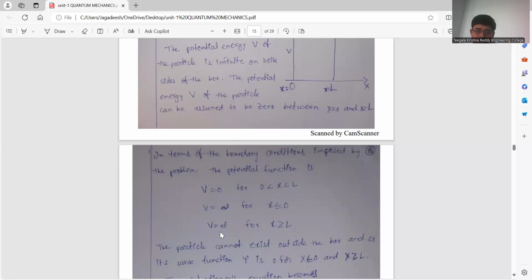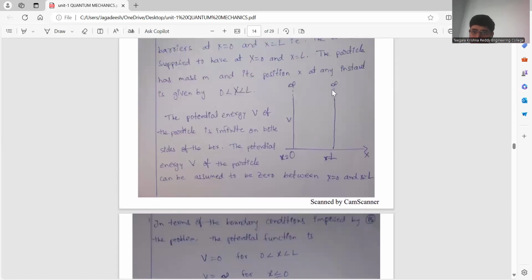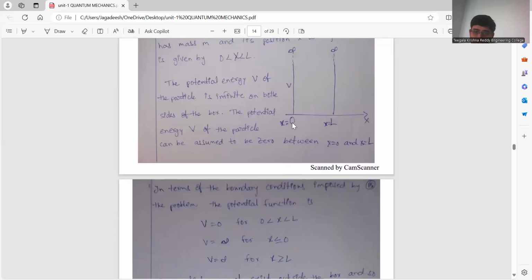And another: the potential energy is infinity for x equal to L or x greater than L. So for x equal to 0 or less than 0, the potential energy is infinity, and for x equal to L or greater than L, the potential energy is infinity.